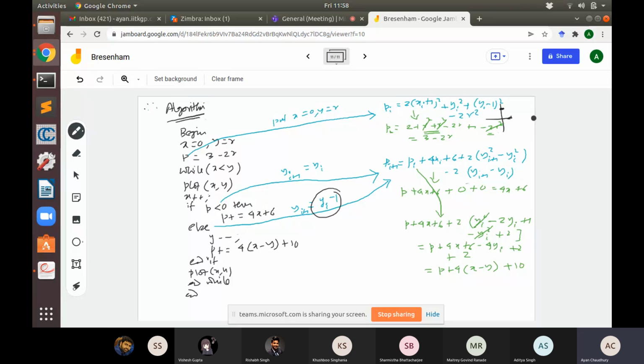If I start from this point, what should I give here? Y equal to 0. And x is equal to? R. Yes, so it's R0. If you put R0, then you start from here and eventually you go like this. So you consider two cases, x is less than y or greater than y, and nothing else. And the rest of the things are pretty much the same as the previous one.